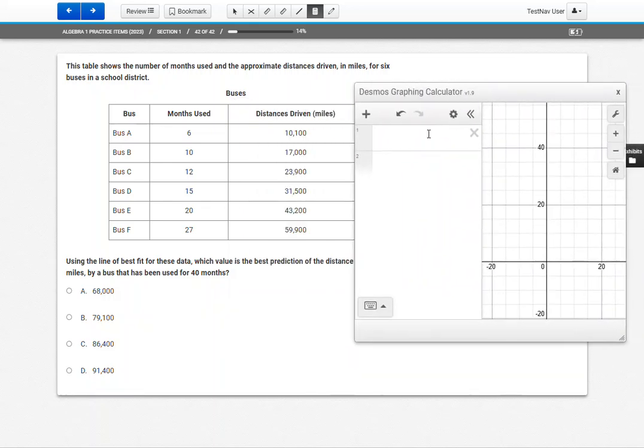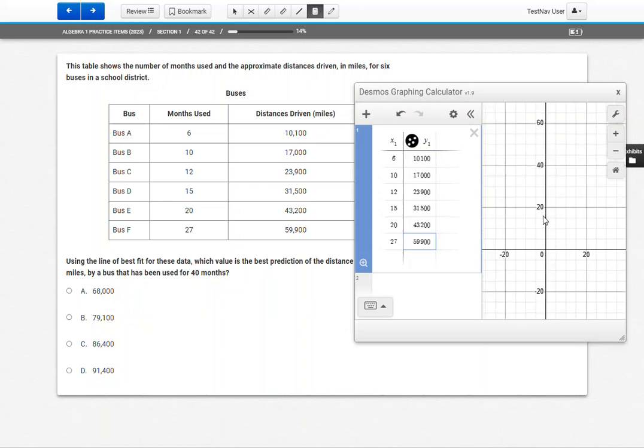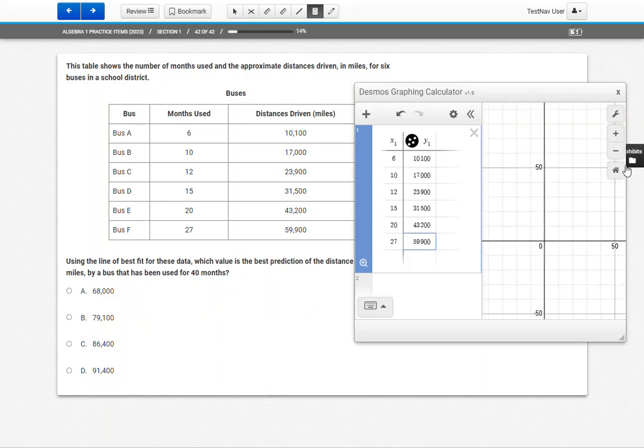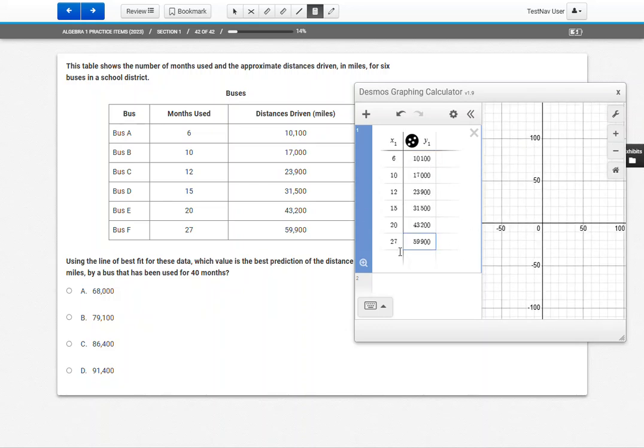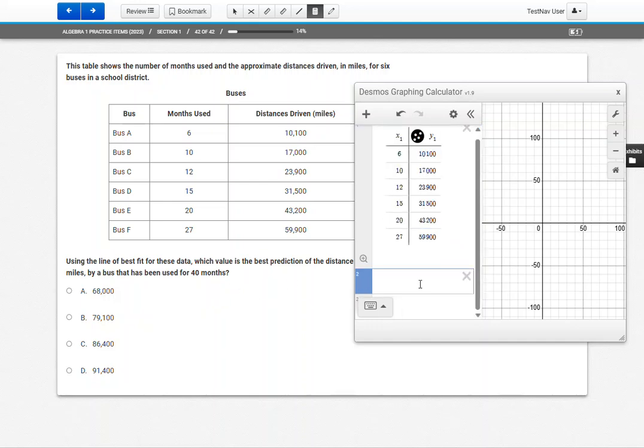So I'll go ahead and do the linear regression on this. 6, just type everything up. Once you have put the data in, obviously the numbers are so big, they're all the way up here. So I'm not going to zoom out or anything, but I will go ahead and put my linear regression.